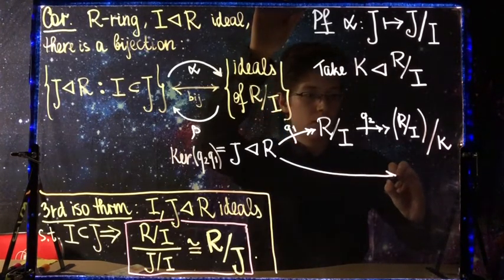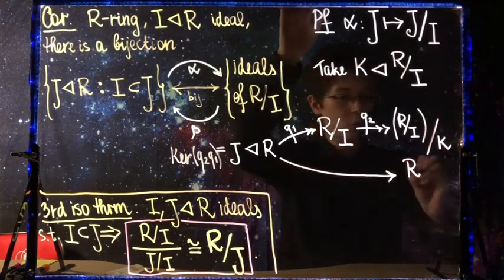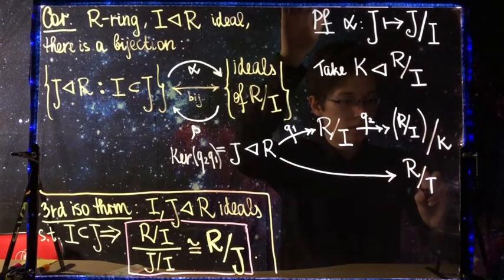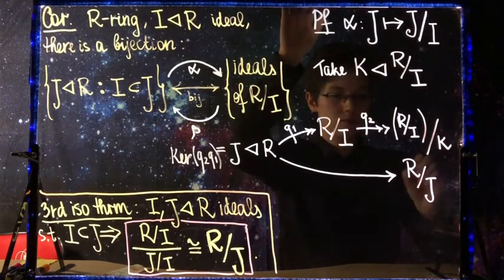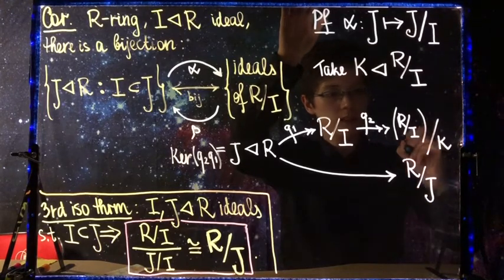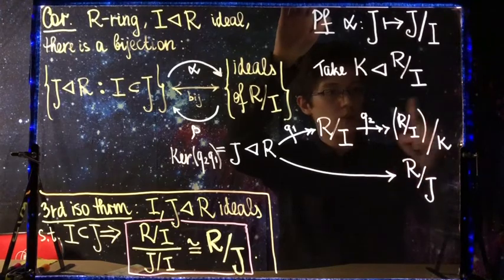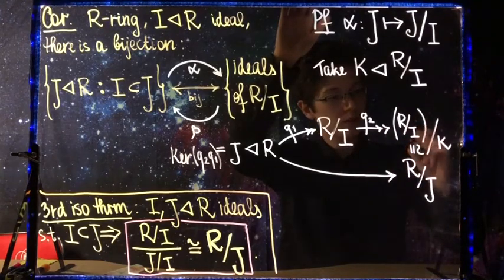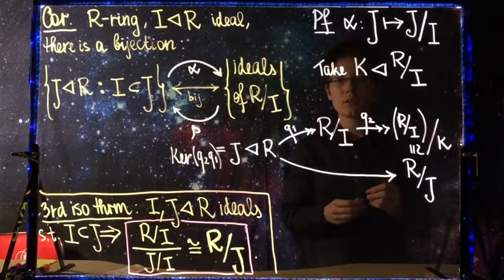So, by the first isomorphism theorem, R quotient by this ideal J is isomorphic to the image of Q2 Q1, which is this whole ring. So these two are isomorphic.